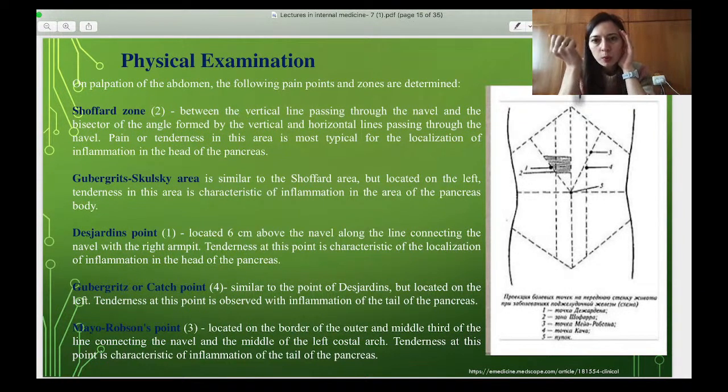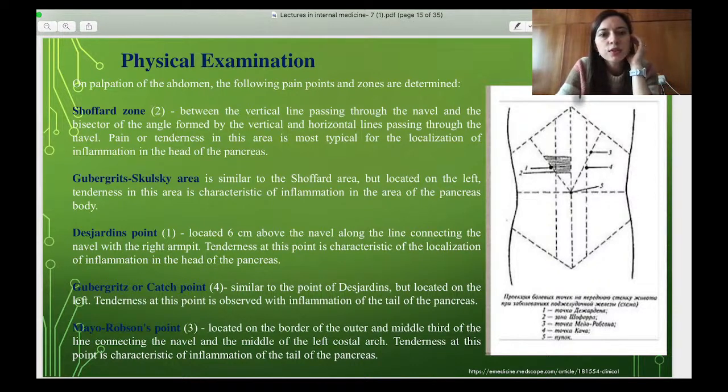On this picture you may see what zones and where the patient feels pain. First, the Chauffard zone, between the vertical line passing through the navel and the bisector of the angle formed by the vertical and horizontal lines passing through the navel.